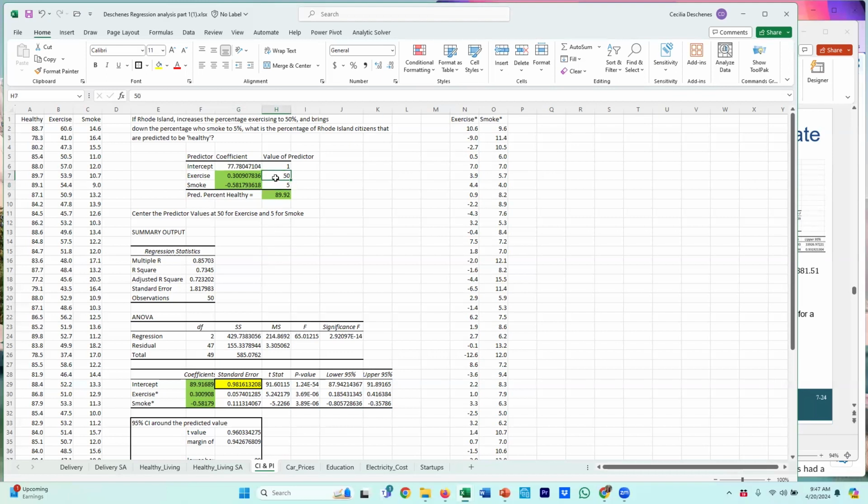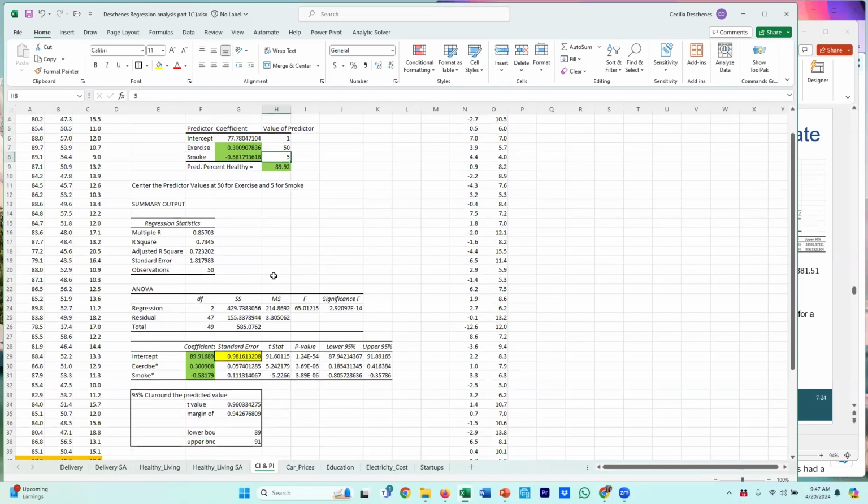And if we get 50% exercising and 5% smoking, we're trying to get where the trend line, or the expected value, would be at some point in the future. We ran this again and where we expect that to be is between 89 and 91%.